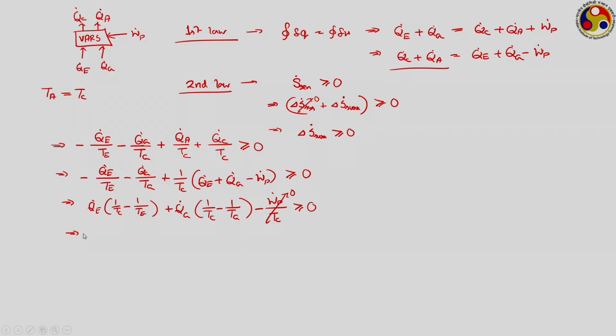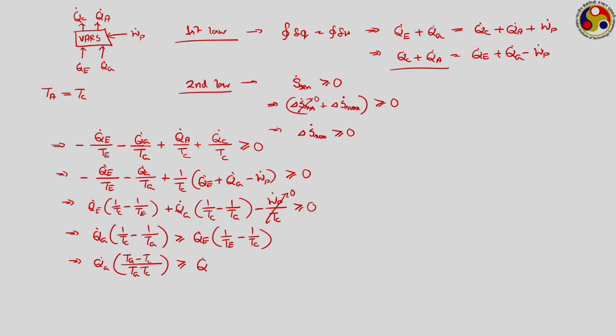If we now reorient the terms, we can write that Q dot G into 1 by Tc minus 1 by Tg is greater or equal to Q dot E into 1 by Te minus 1 by Tc, or Q dot G into Tg minus Tc upon Tg Tc is greater than Q dot E into Tc minus Te upon Te Tc.